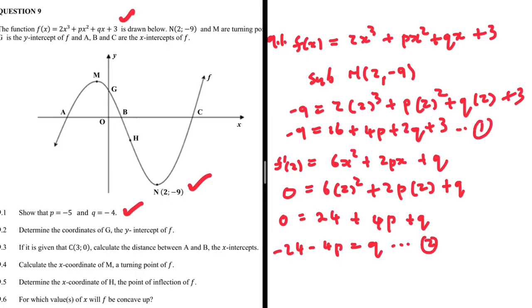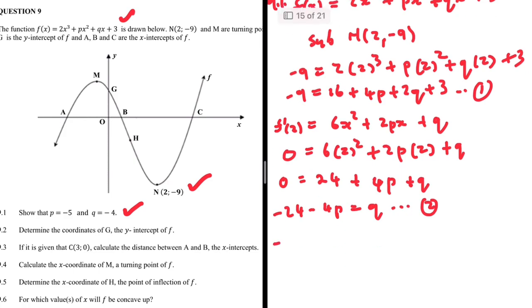Right, so what we can do is in place of p, substitute minus 24 minus 4p. So let's go ahead and do that and see what we have. We'll have minus 9. We're substituting equation 2 into equation 1, is equals to 16 plus 4p plus 2q.